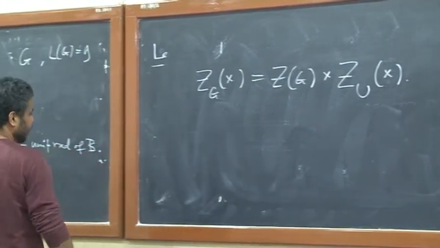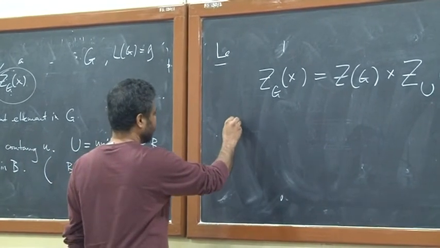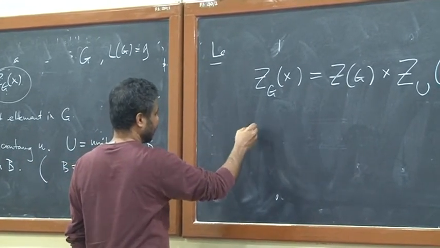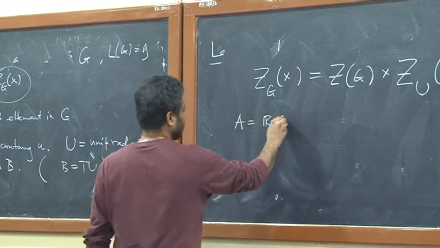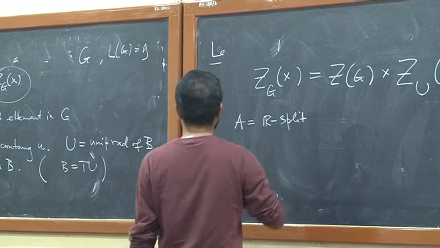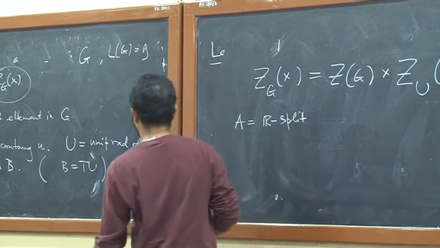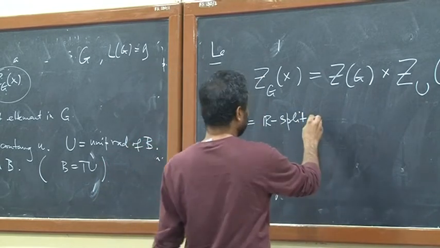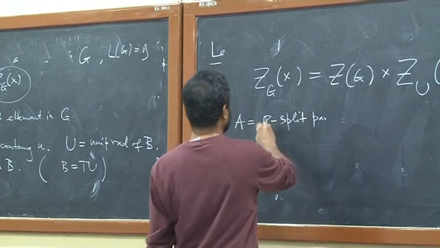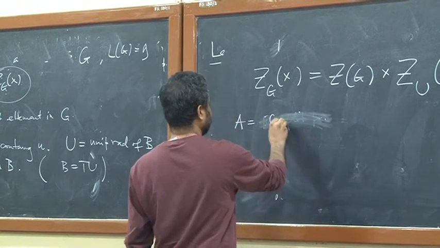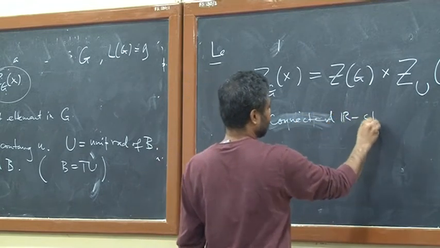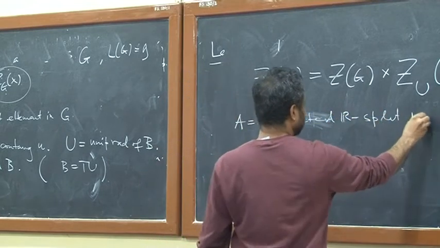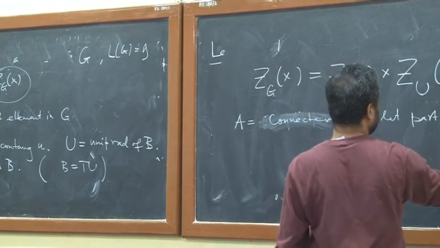Now I have this Iwasawa decomposition of this G, where I take A to be the R-split part of T, taking all positive eigenvalues of elements, the connected part.